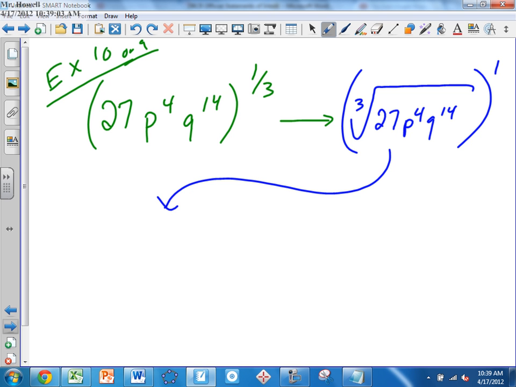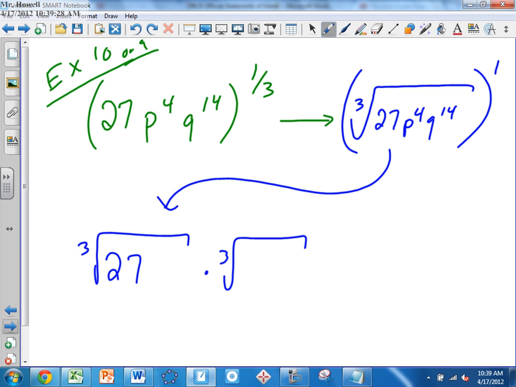Now, at this point in time, I want to break up my P and my Q into things that are divisible by 3 again. So, 27 is fine. I don't have a problem with that at all. That's clearly a perfect cube. We just did that one, that was 3. What about P to the 4th? What should I break that into? P to the 3rd, P to the 1.